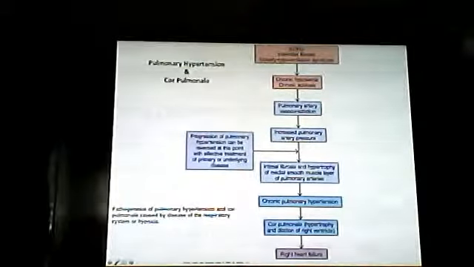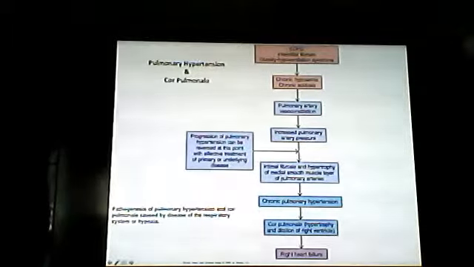Because we don't have enough oxygen, we're trying to get more oxygen into the system, but we end up increasing blood pressure to the lungs from the constriction on the pulmonary artery. You can have some progression of pulmonary hypertension, but it could be reversed with treatment.